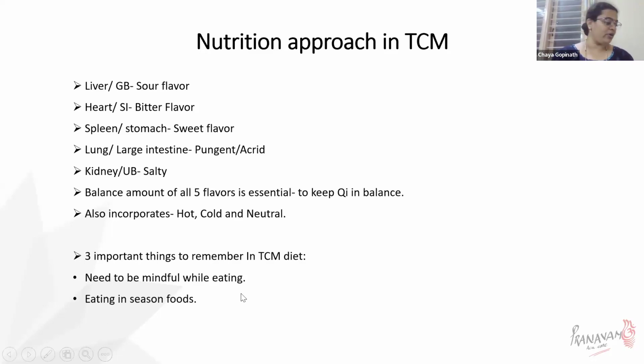And eating according to season is very important according to TCM. What is eating according to seasons or in-season food? Nowadays, you get watermelon 365 days throughout the year. We get apples, pomegranates 365 days, all season, all weather, anywhere, any place. That is not the right kind of food.